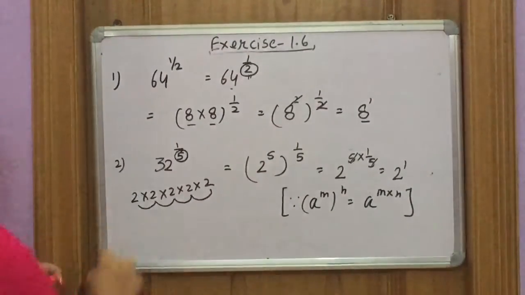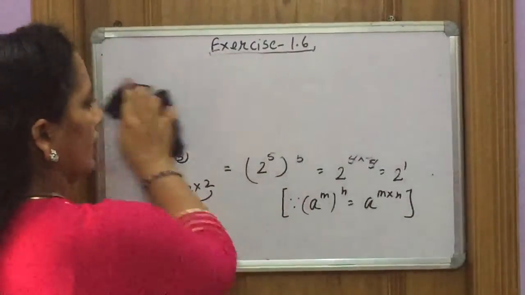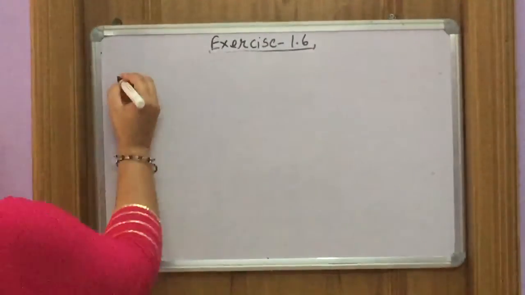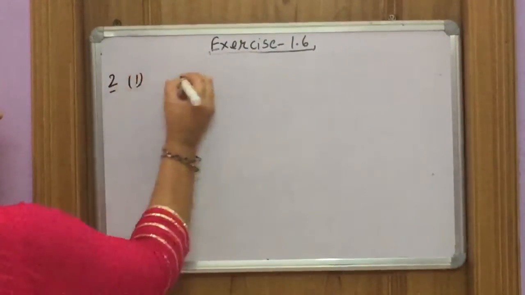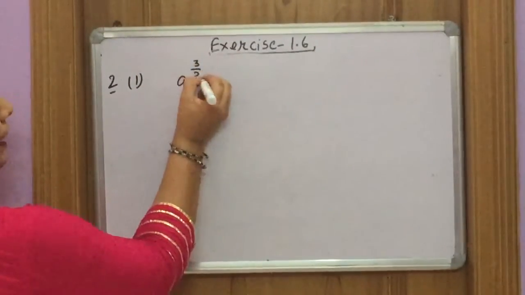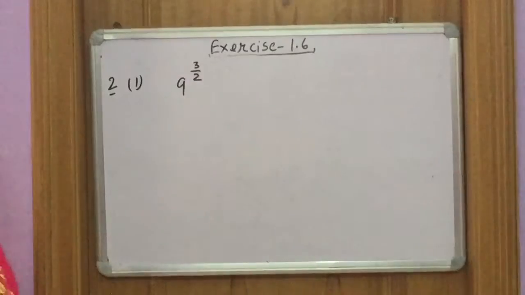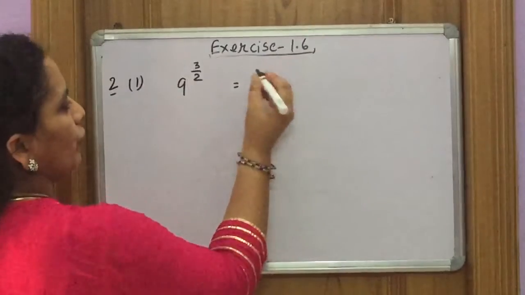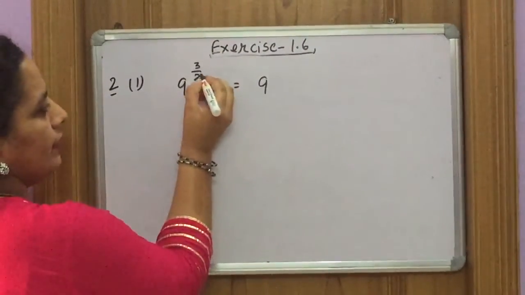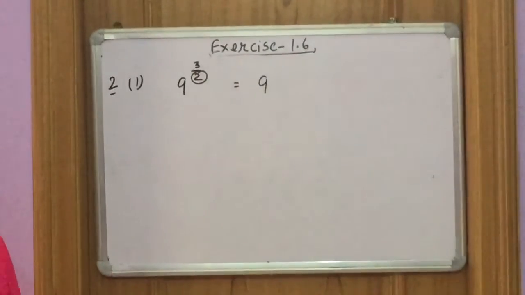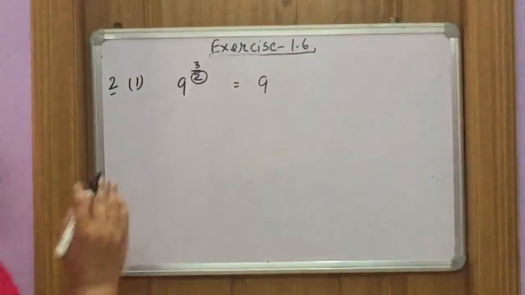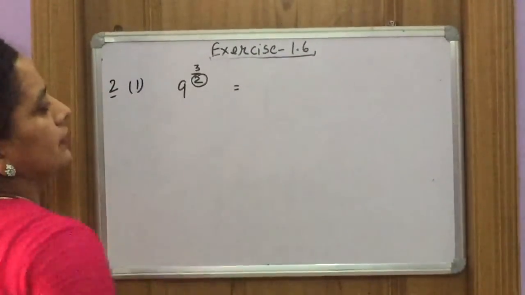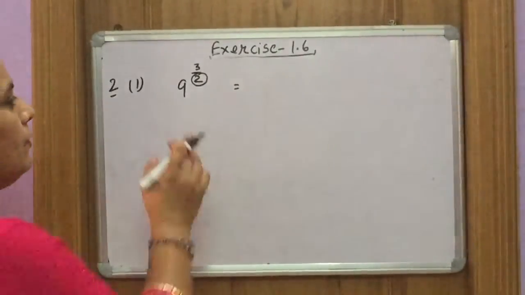Next is second question. Question number second, first part, 9 raised to power 3 by 2. Again we have to simplify this. Just again I am saying, just follow the same method, that is here in the denominator we have 2, so try to remove the power in the denominator. This is 2, so find out a term which we will multiply 2 times, then we will get 9.